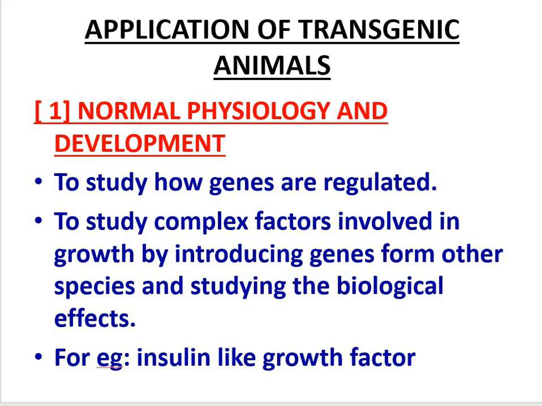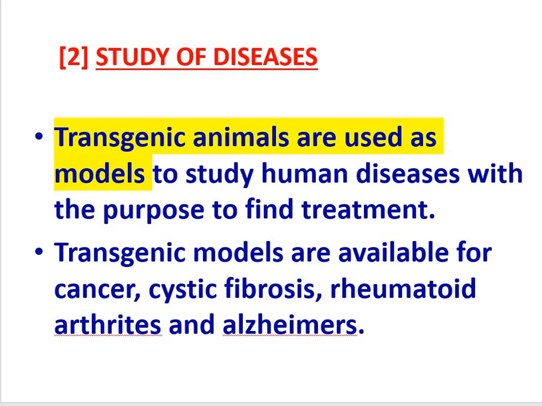Thus, by introducing genes from other species into organisms, we can study the biological effects. For example, insulin-like growth factors are introduced in animals like mice, and various research studies can be done about how insulin can function in controlling the normal physiology and development in that particular organism.